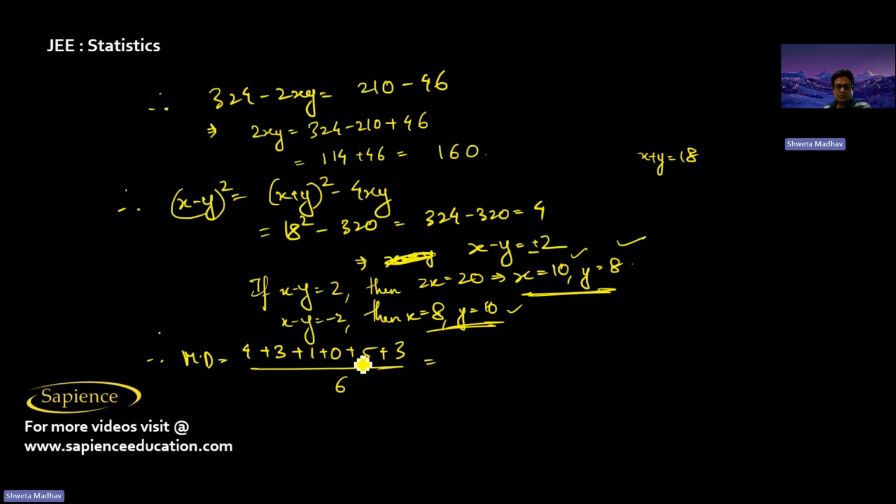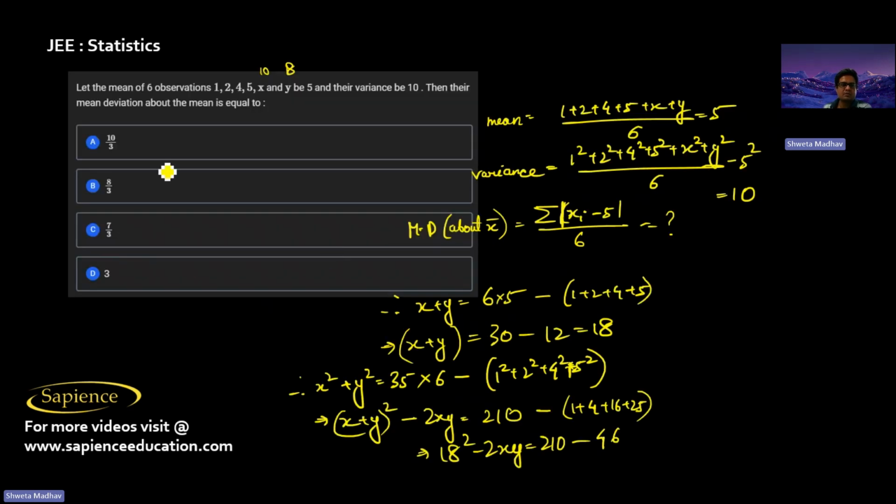So this is equal to 4 plus 3 is 7, 7 plus 3 is 10, 10 plus 6 is 16, by 6. So that is equal to 8 by 3. So the mean deviation about the median is 8 by 3. So option B is the correct answer.